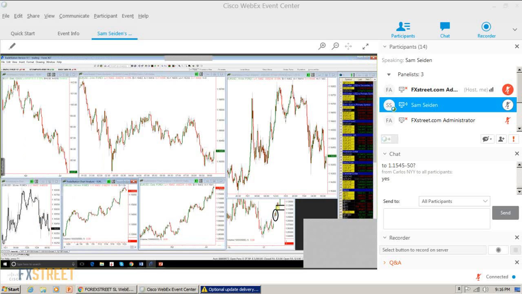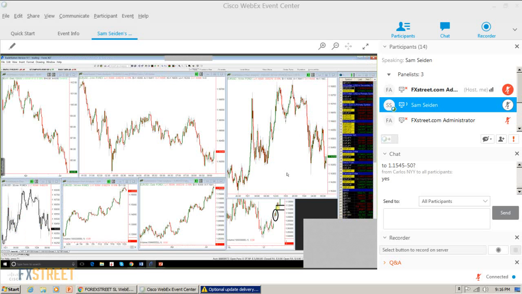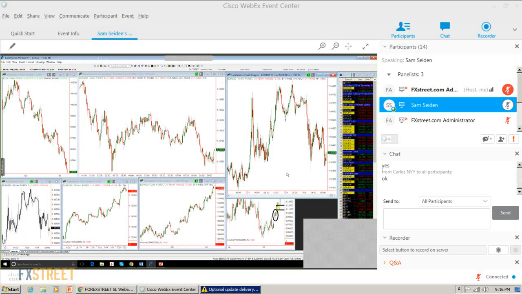Let's look on the 4-hour. No, I mean, especially if you come down to the 4-hour, I'd be looking below 115. You don't really start to hit any kind of even remotely significant demand until you get below 115.